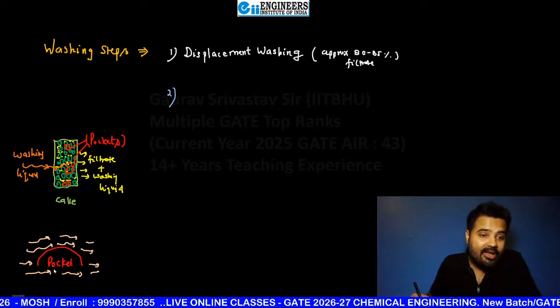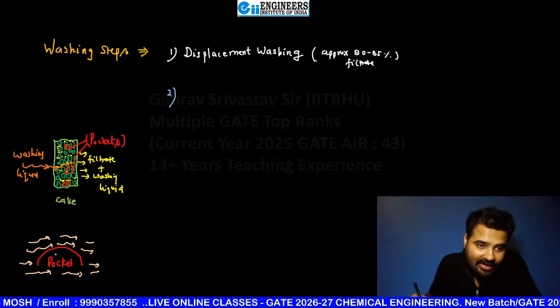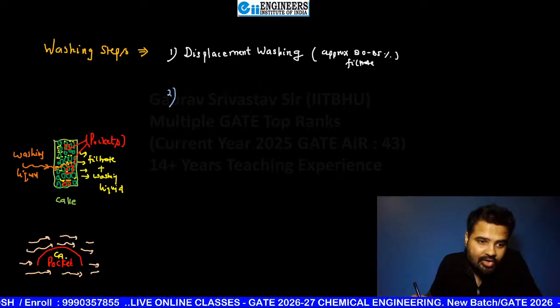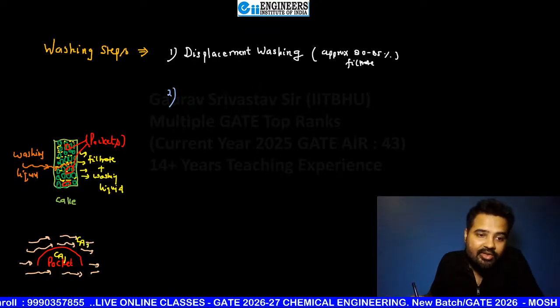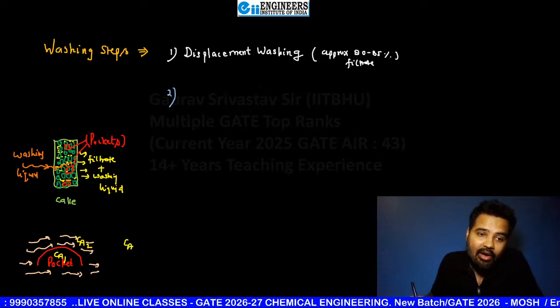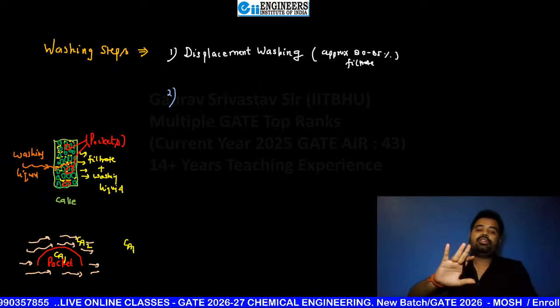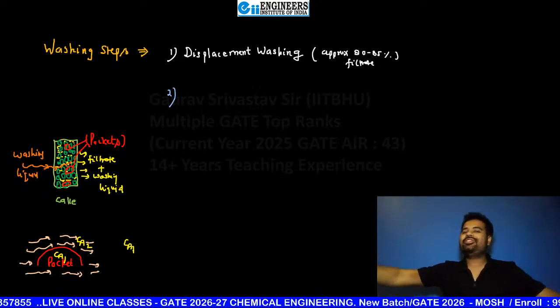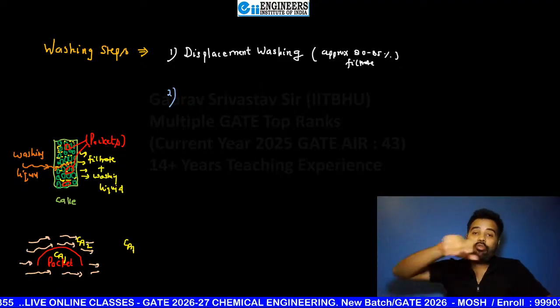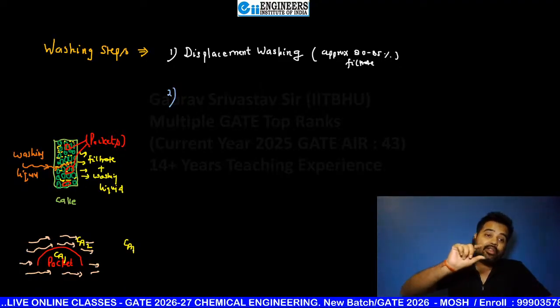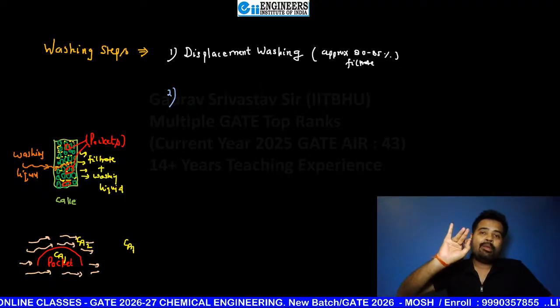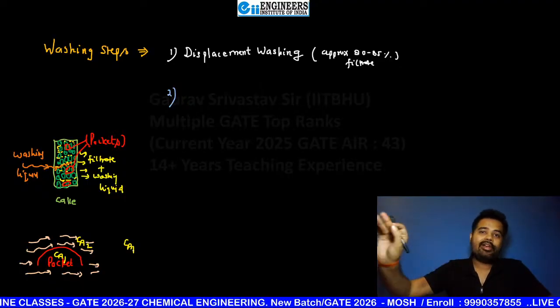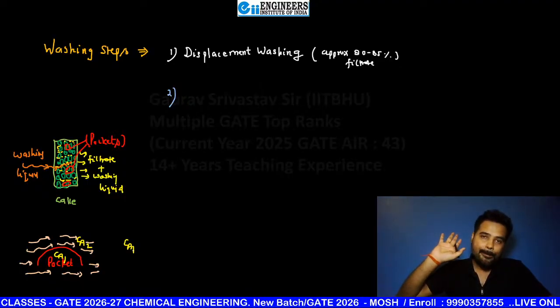So if inside this pocket the concentration of your filtrate is Ca1, then here the concentration is Ca2, and definitely after a very long time, because at the start displacement washing is done, the place from where your washing liquid is traveling, a residual amount of filtrate is trapped there.